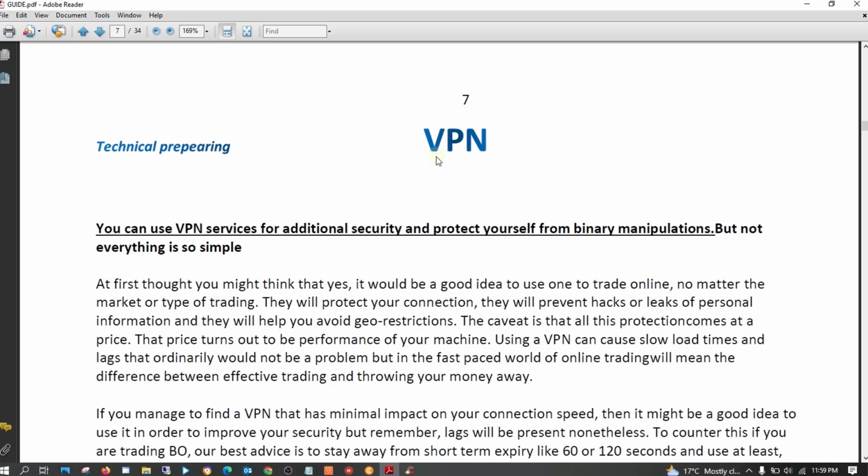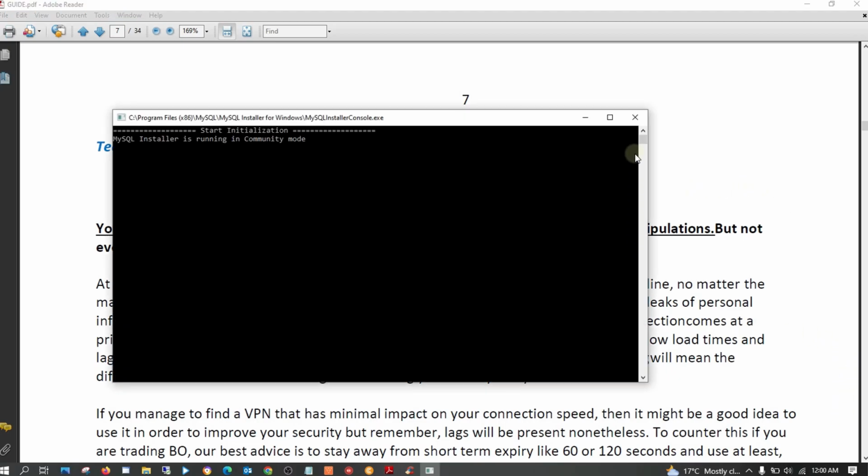You should have a fast internet connection, because if you don't, the bot will not do analysis as required, and that will lead you to losses.